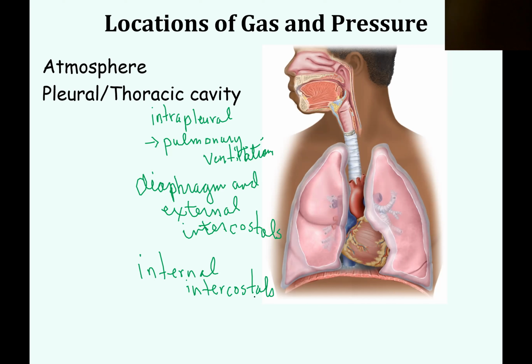There are some other muscles, and we'll see them when we get deeper in the chapter, that can help them, but the diaphragm and external intercostals work together with normal pulmonary ventilation and forced inspiration. The internal intercostals help with forced expiration.